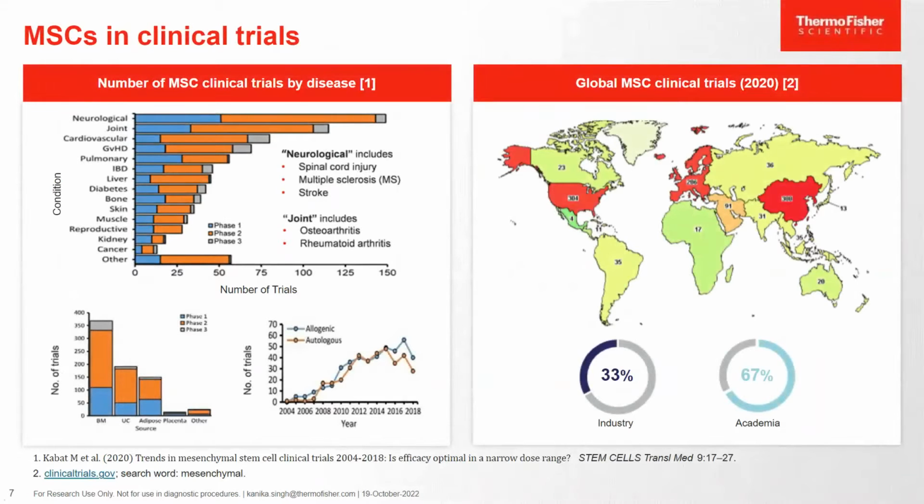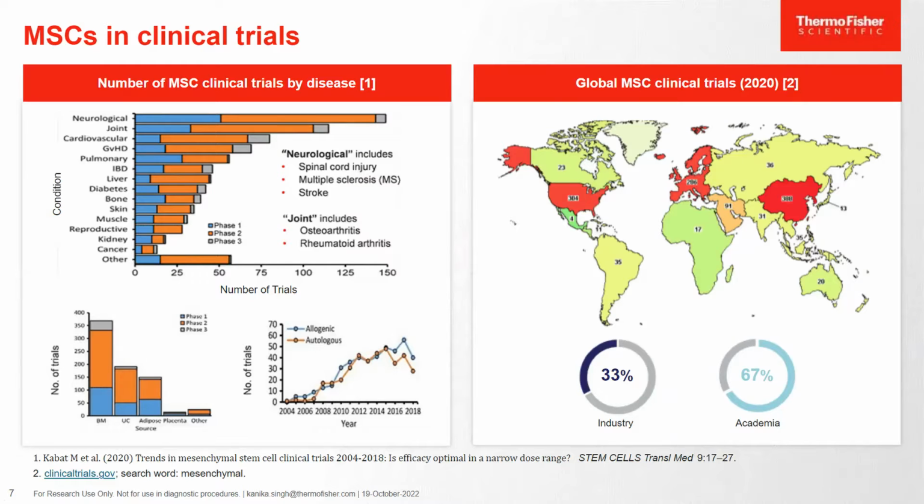Now that we have understood what MSCs are and why we use MSCs for therapeutic application, let's take a look at statistical data for MSC clinical research. Overall, MSCs have been used for at least a decade in clinical trials, and there have been around 1,000 MSC trials focusing on several disease indications.